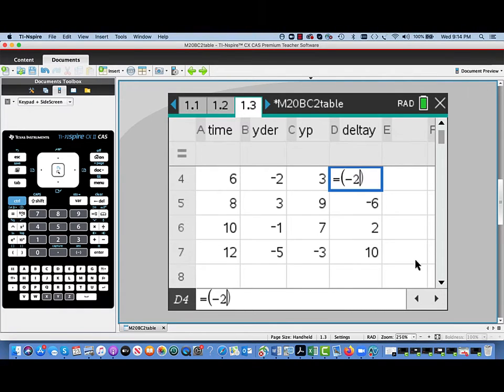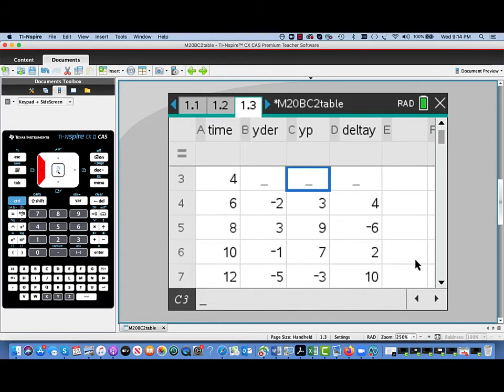So our derivative at t equals 6 is -2 times our step size of -2. That gives us 4. And then we'll add the 3 and the 4. So I'll add C4 and D4. And that's going to give us our Euler's method approximation for the y-coordinate at t equals 4, which is 7.